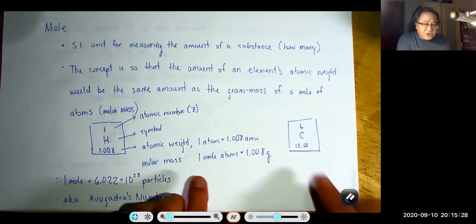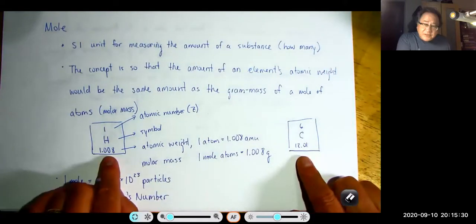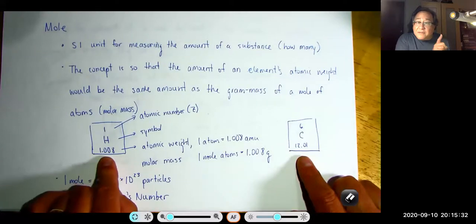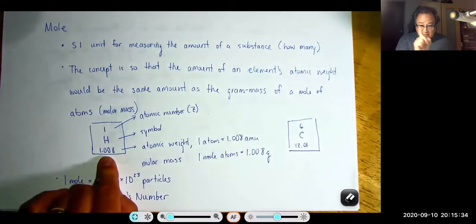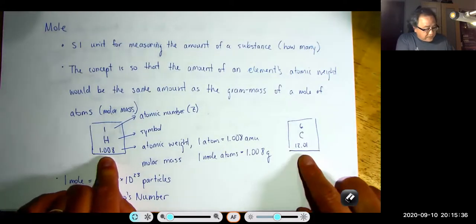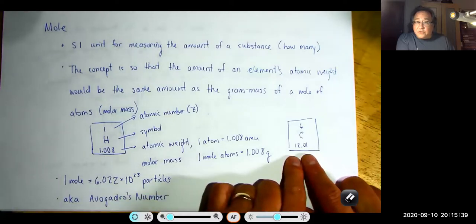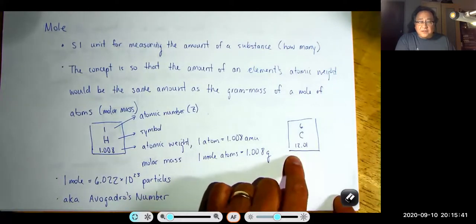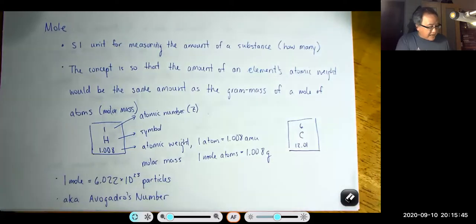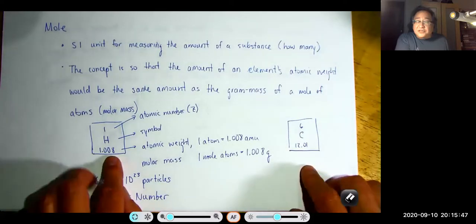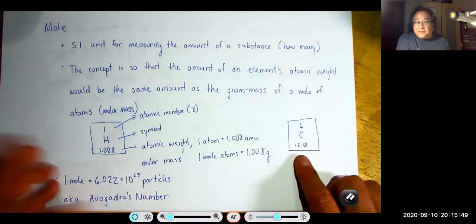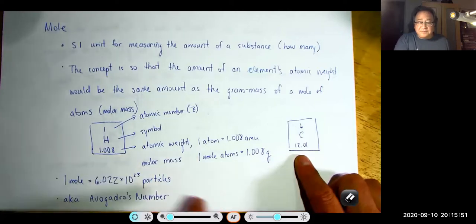So let's compare these two numbers. 1.008 AMU of hydrogen is one hydrogen atom. 12.01 AMU is one carbon atom. So we know that a carbon atom is 12 times more massive than a hydrogen atom, because their relative masses are 12 times different. 12 over 1 is 12.